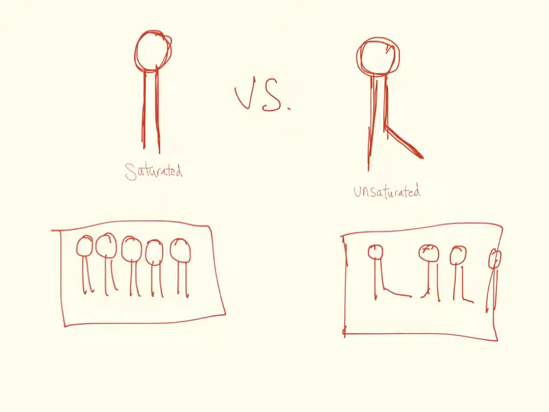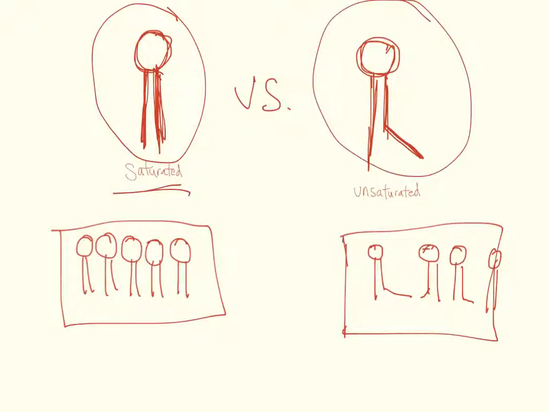Another key factor that determines the fluidity of membranes is the degree of saturation of hydrocarbon tails. Now, I've drawn a phospholipid here with 2 fully saturated hydrocarbon tails, and as you can see, they're perfectly straight. And here I've drawn a phospholipid with 1 saturated hydrocarbon tail and 1 unsaturated hydrocarbon tail. And in the unsaturated one, you can see that there's a kink in the tail. And the reason behind the kink is because there's a double bond between the 2 carbons.